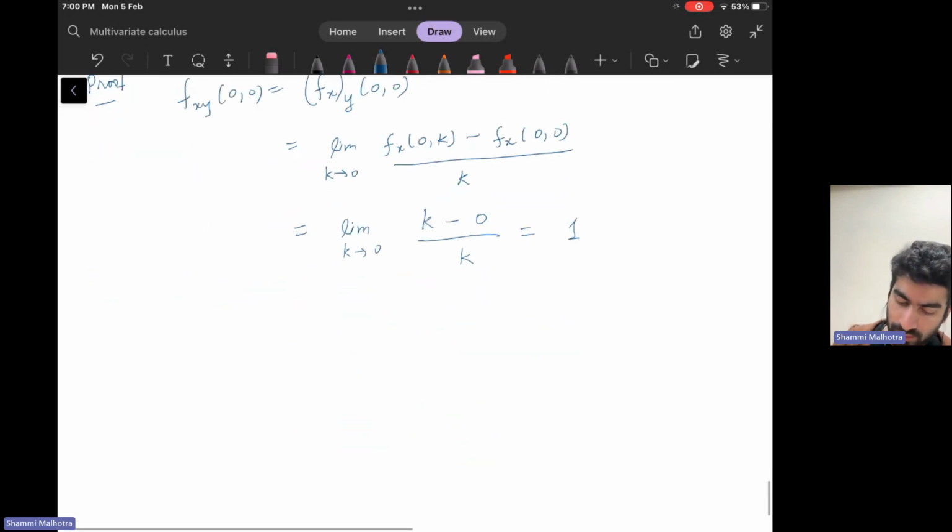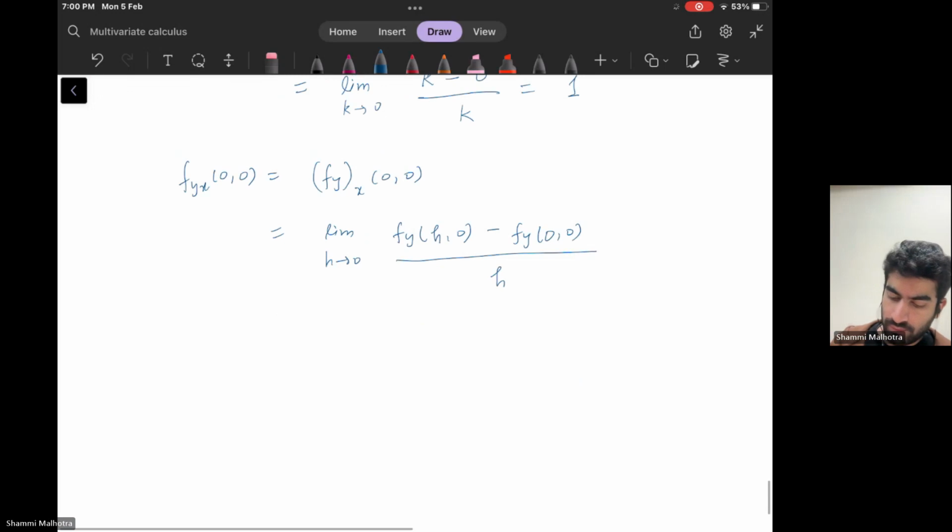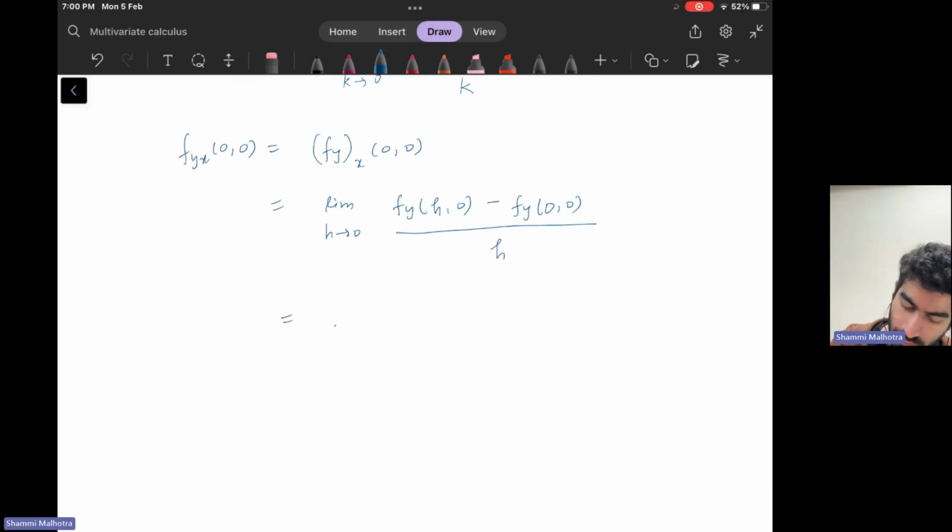Likewise, let's try to calculate the other derivative, fyx at 0, 0. So this will be the partial derivative of fy with respect to x at 0, 0, limit h tending to 0. So just apply the definition of the partial derivative with respect to x. So this would be fy at h comma 0 minus fy at 0, 0, whole divided by h. So limit h tending towards 0.